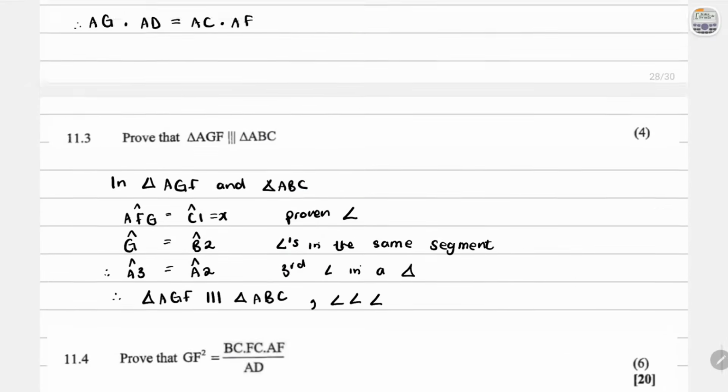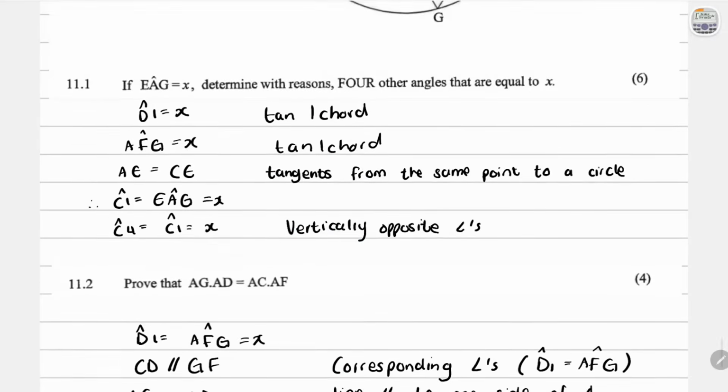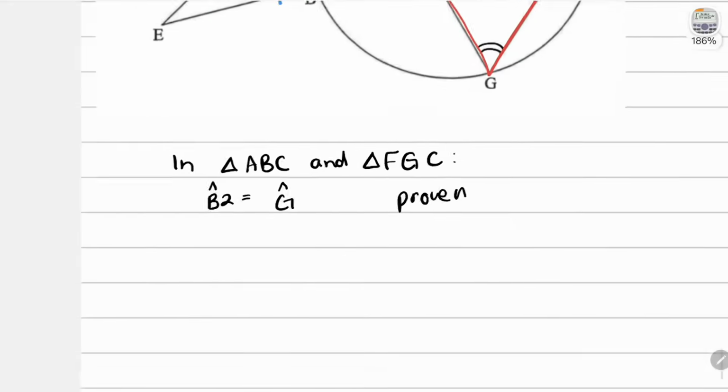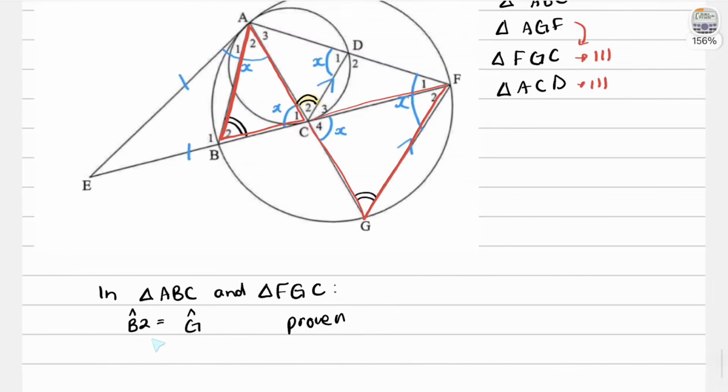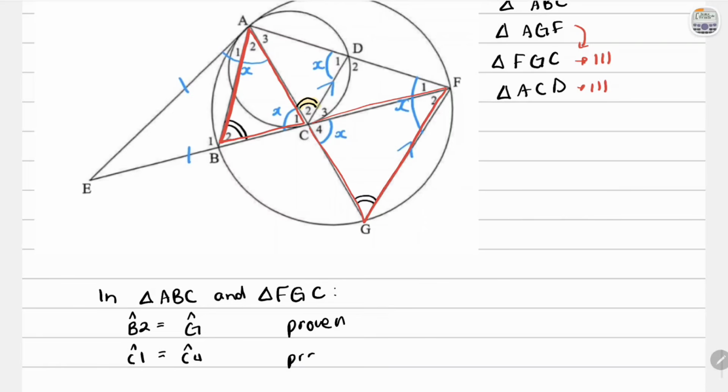We already had that down. It was there when we were finding X, so that is already proven. So you can just tell them angle C1 is also equal to angle C4 in these two triangles as well, these two highlighted in red triangles. So that is also proven.